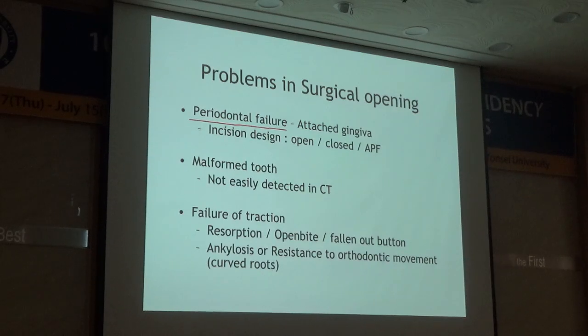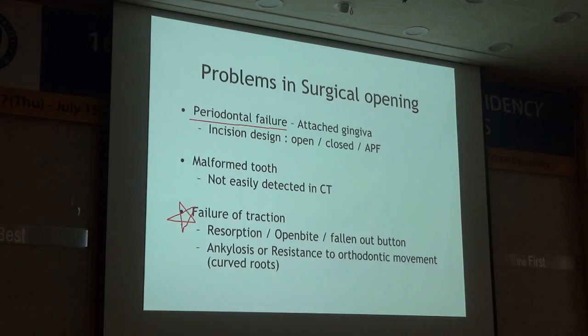And I showed the MAH05963 case, and the most important failure is that we failed to move the infected tooth. There may be resorption or open bite and the bracket falling out, which may be caused by ankylosis or a curved root.